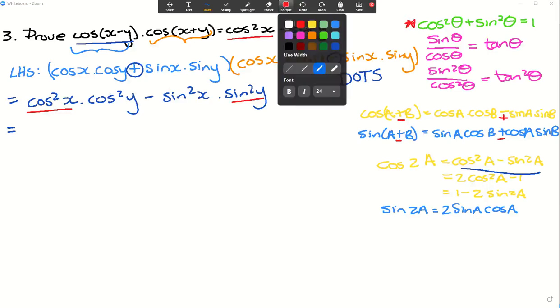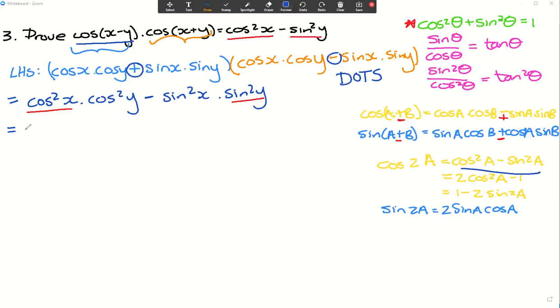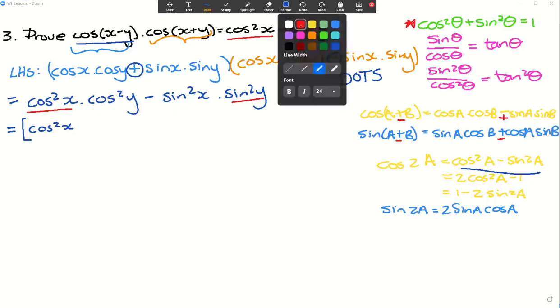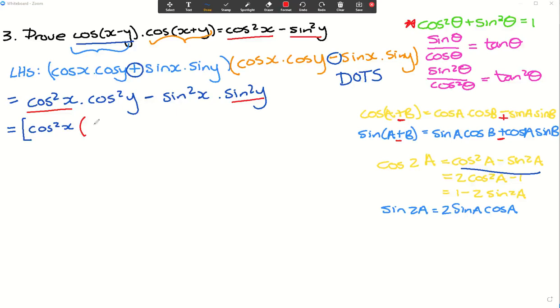If I keep what I originally have, I'm going to keep this separate from this, so we're going to put a square bracket. We keep cos squared x. And cos squared y, I can change. If I rearrange this equation, take the sine squared across, it becomes 1 minus sine squared. So I'm going to change this into 1 minus sine squared y.